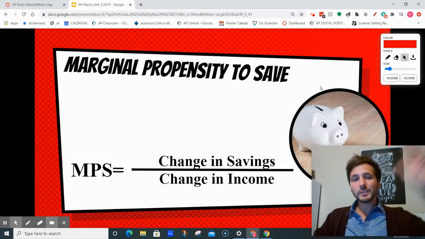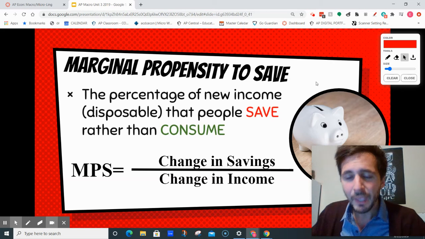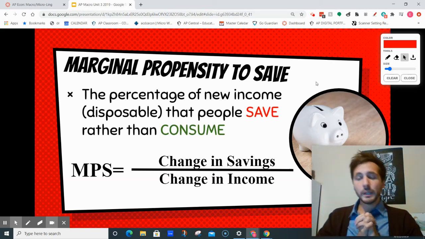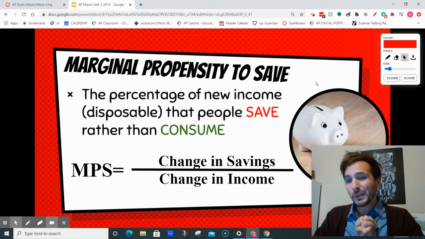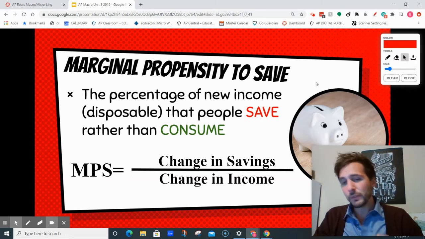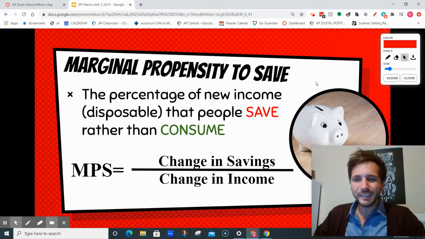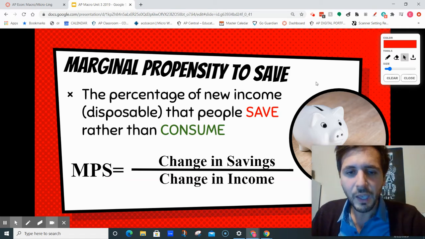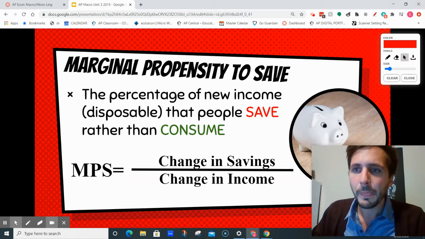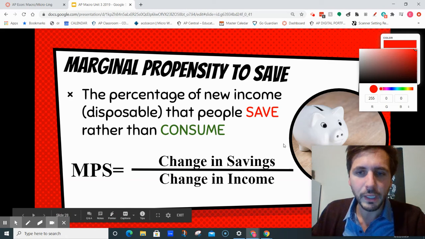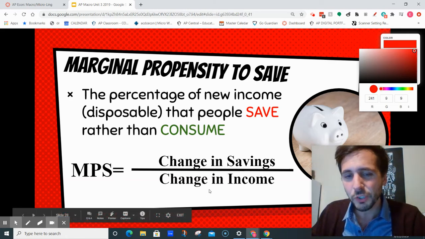So the other side of it is the marginal propensity to save. This is a percentage of all new income that comes in that we are likely to save rather than consume. So it's MPS, or marginal propensity to save, your likelihood to save of all new dollars that come in. So again, it's just change in savings over change in income.